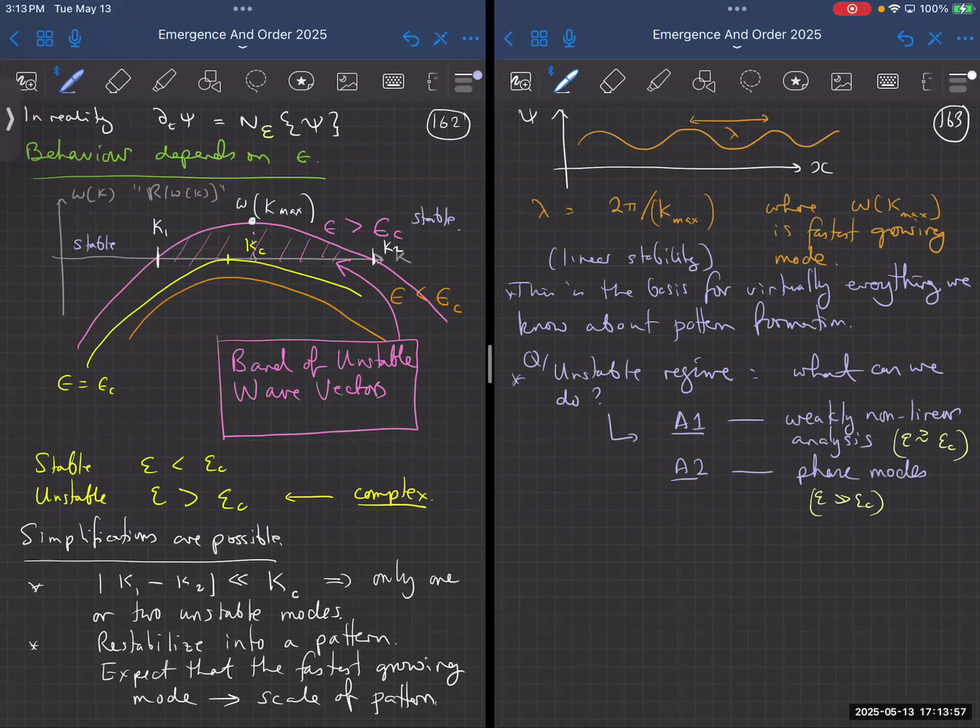So you can do the same thing here as well. You can look at phase modes, and this is the analog of looking at continuous symmetries for temperatures much less than TC.